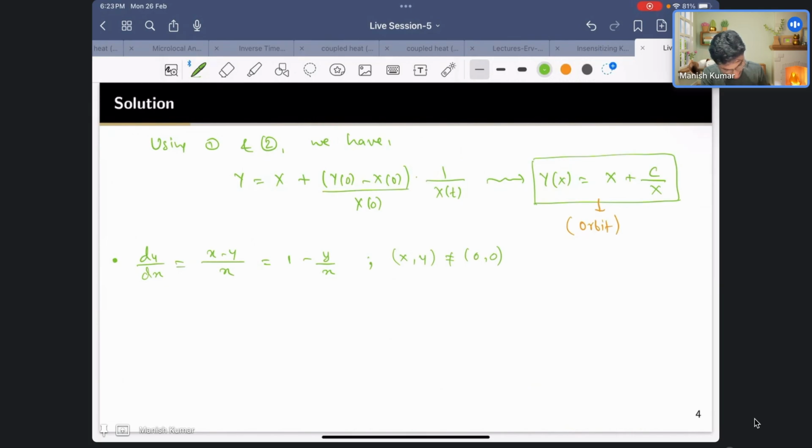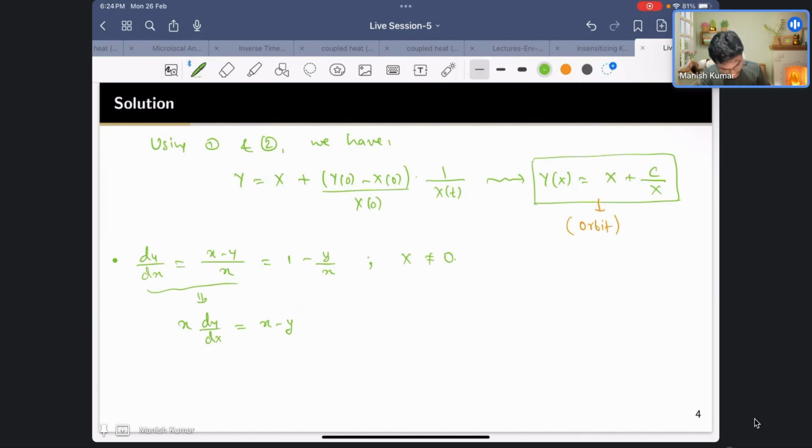Over here you assume that x is non-zero, because we are dividing, that's why. So then we can write dy by dx plus y by x is equal to x, right? Or you can directly do it this way. From here you can write x dy by dx is equal to x minus y, correct?